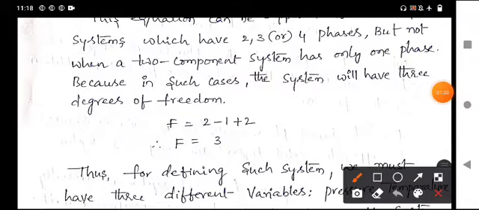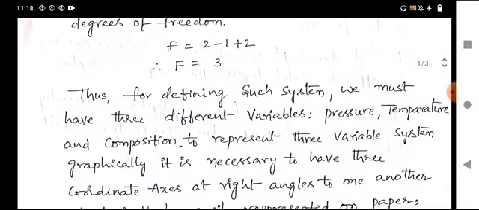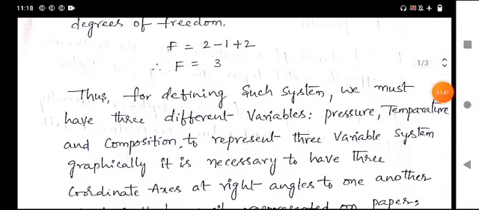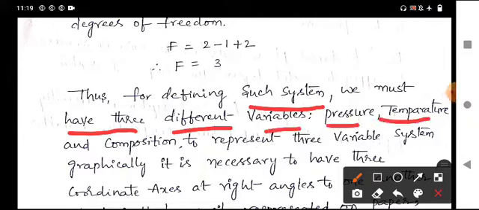Suppose for a two component system having one phase, by applying the phase rule equation we get the number of degrees of freedom as 3. So for defining such a system we must have 3 different variables, that is pressure, temperature and composition.